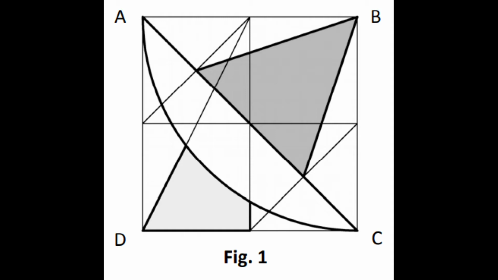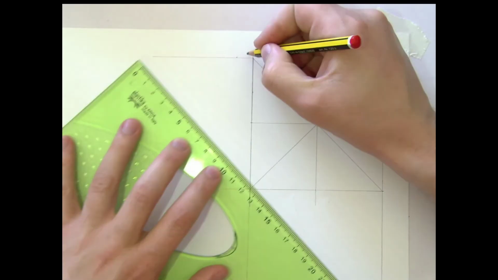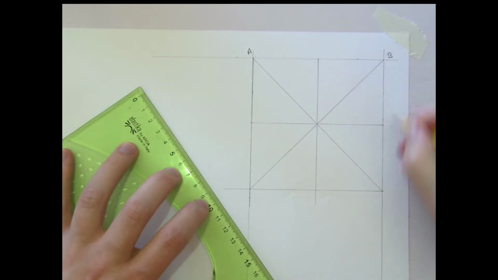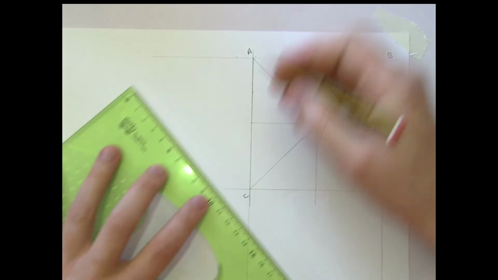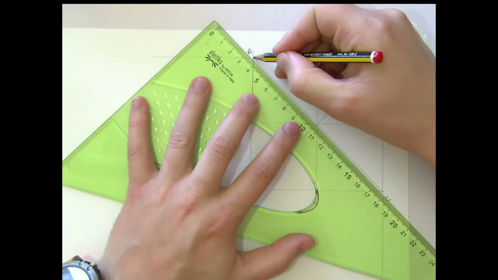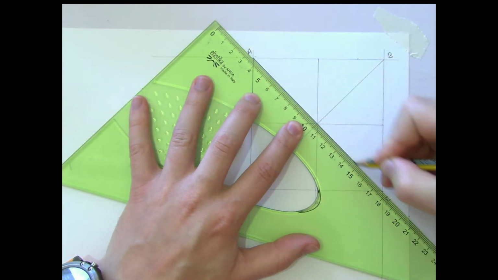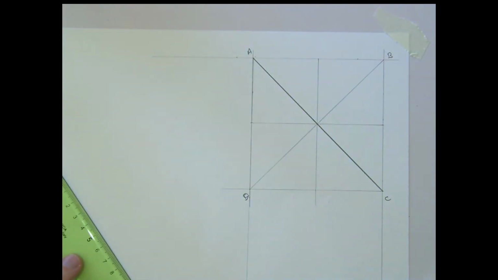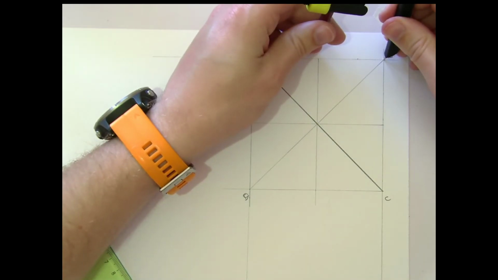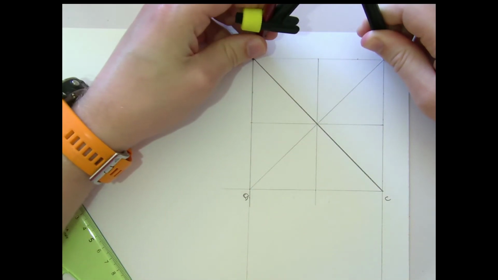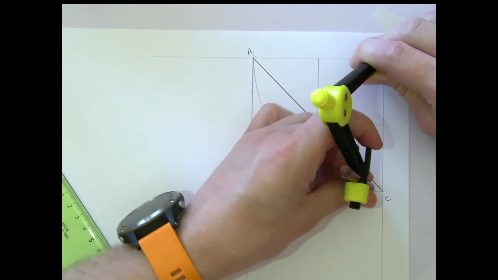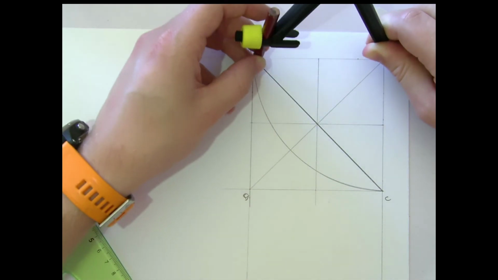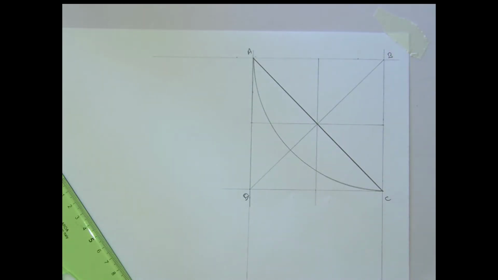So that's a diagonal line from A to C, and then we've got an arc joining A to C as well, which is going to have its center on B. So dark line, this is A, B, C, and D. We have a D. Dark line from A to C. We've got an arc from A to C also, but that has its center on B. So line coming down along this way. That gives us that much of it.